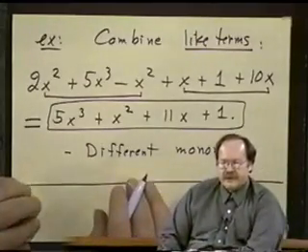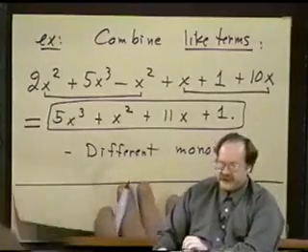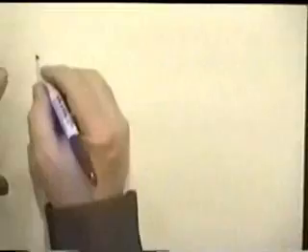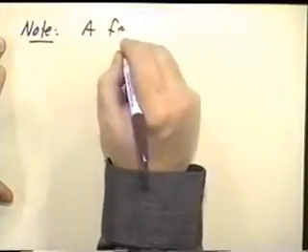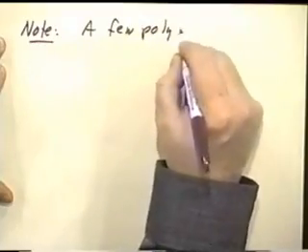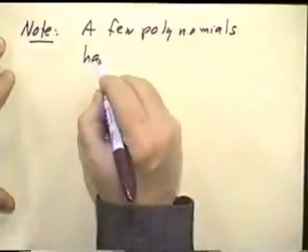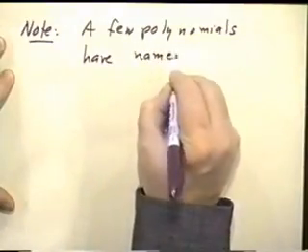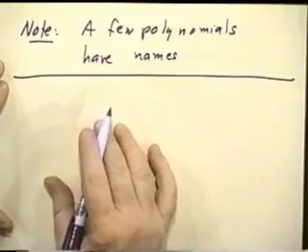Okay, those are monomials. Monomials are polynomials of one term. Now, some polynomials have names. Note, a few polynomials actually have special names. Now, why is that? Well, because of history, or because they're ones that turn up frequently.